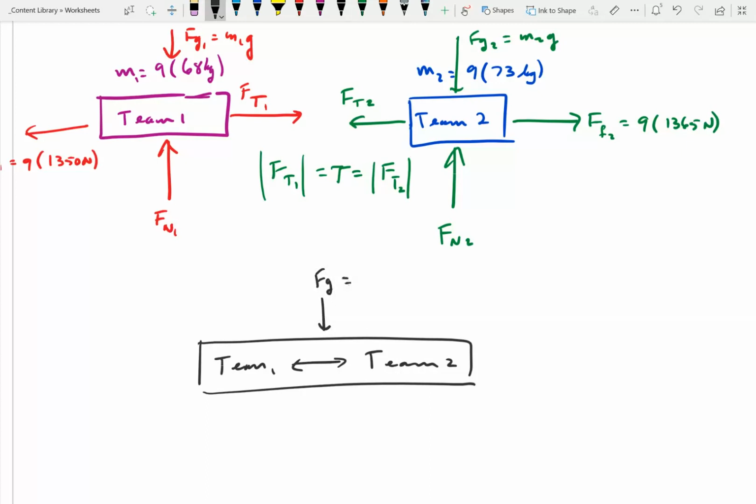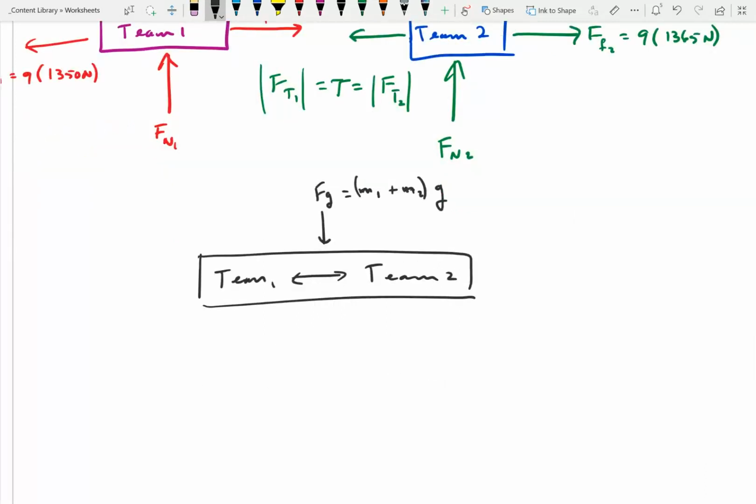force gravity equals m1 plus m2 g, that's the downward force. And, well, I still have force normals. I'm going to draw them as separate here just to make them clear. And then I have these two forces at the ends.